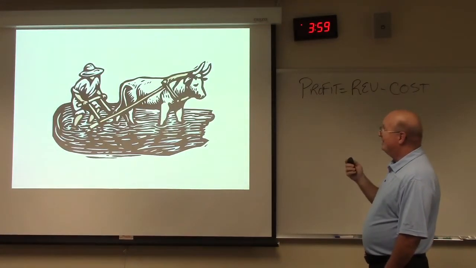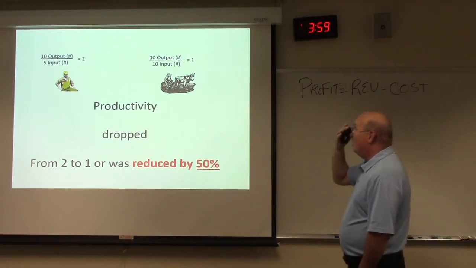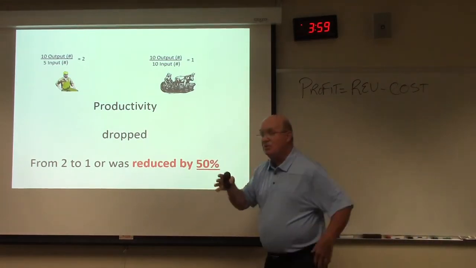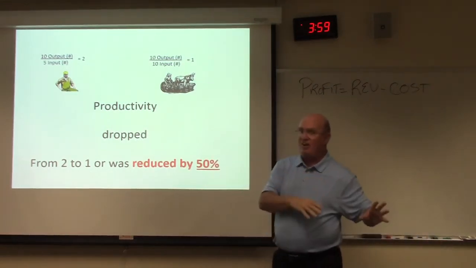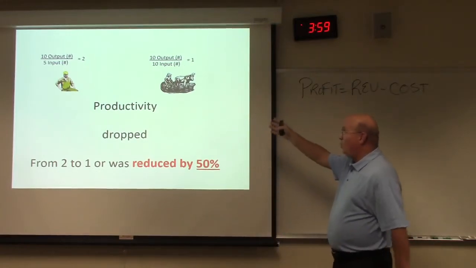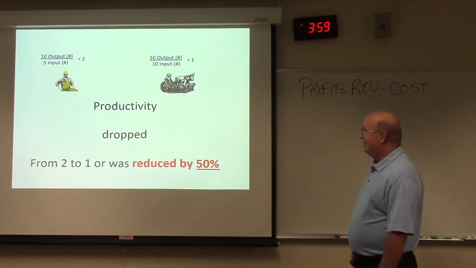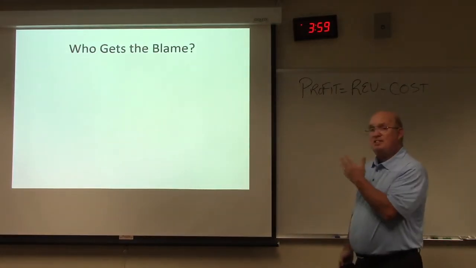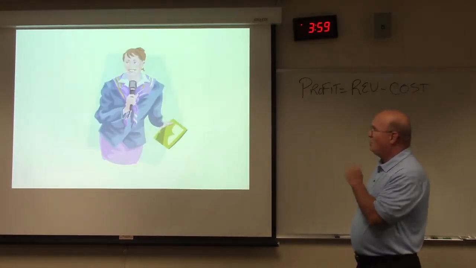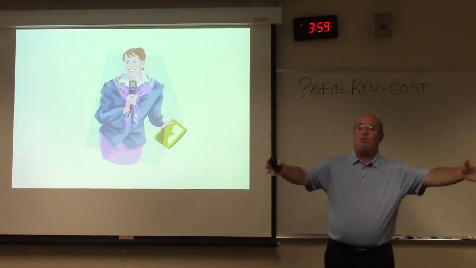Now here's the problem. My productivity, now I'm using the productivity, not the per unit cost, fell to 1. It was reduced by 50%. Who gets the blame for it? Well, of course you do, because you're now the one running the plant.